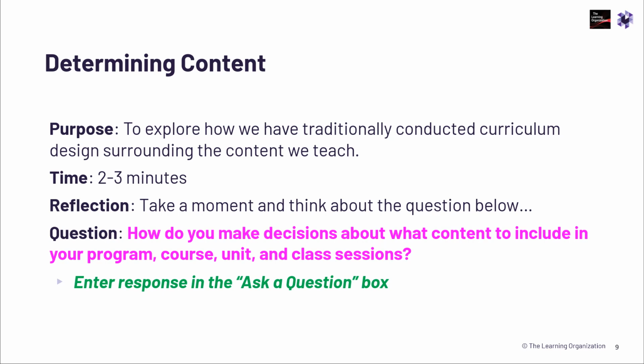Please enter that in the question area, and enter anything that you did that helped you decide what the content was. I'll give you a minute to put that in.